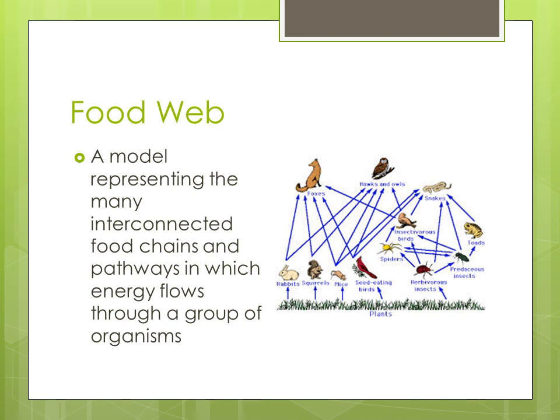That's why the arrow is pointed that way, because if the fox eats a squirrel, the energy from the squirrel will be transferring to the fox. So that's why those arrows are pointed in those directions. And this will really help you understand the relationships of how energy moves.